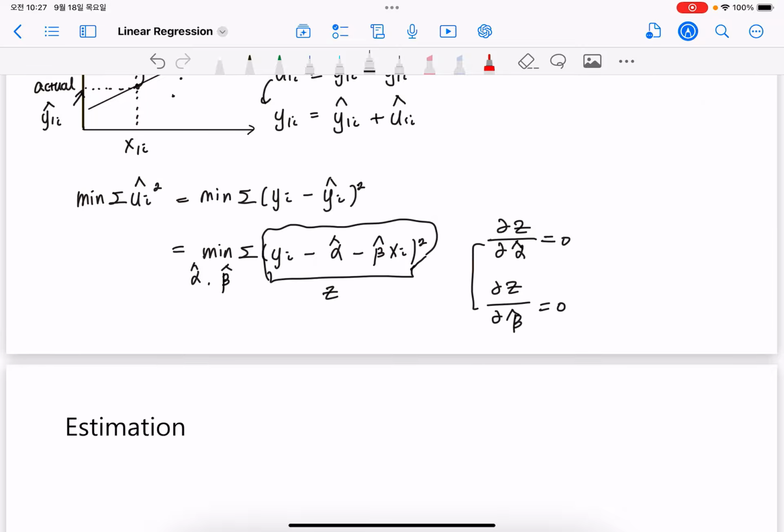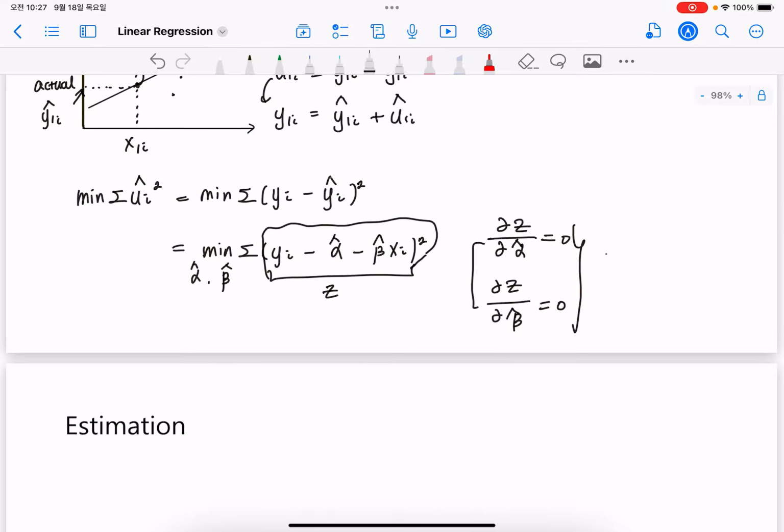And by the way, these 2 equations are called the normal equation, with the 2 unknown parameters, alpha hat and beta hat. So we are interested in estimating alpha hat and beta hat.